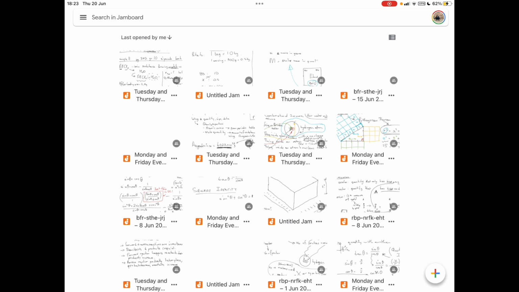All right, so let's see, chemical change, quantitative aspects of chemical change, page 290.